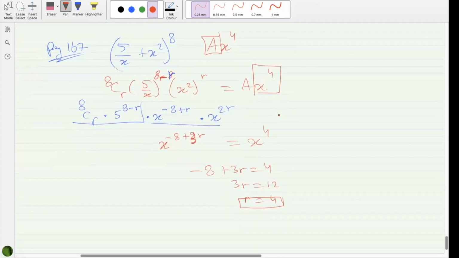So when r is 4, we bring this down. 8c4 times 5 raised to power 8 minus 4, that is 4. So 8c4 is 70 times 5 power 4 is 625.